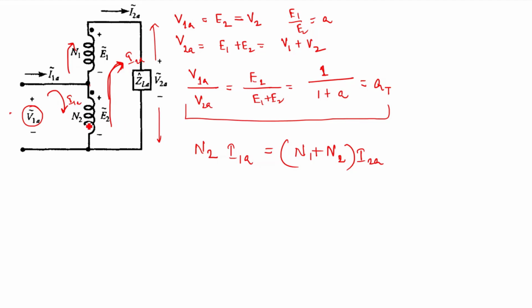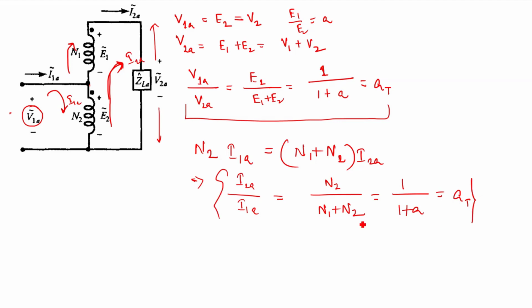So therefore I can write N2 into I1A equal to N1 plus N2 into I2A. So from this equation, if we write I2A by I1A, that will give me N2 by N1 plus N2. So that is nothing but 1 by 1 plus A, which is nothing but equal to AT, right?